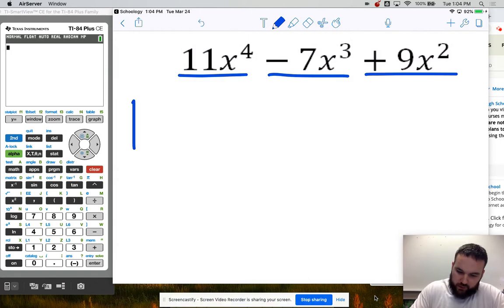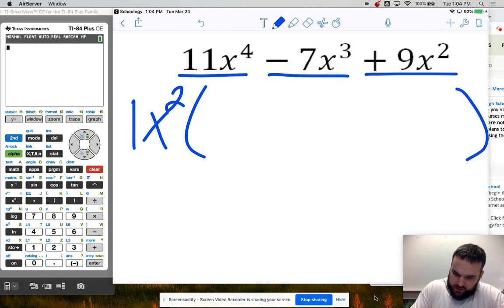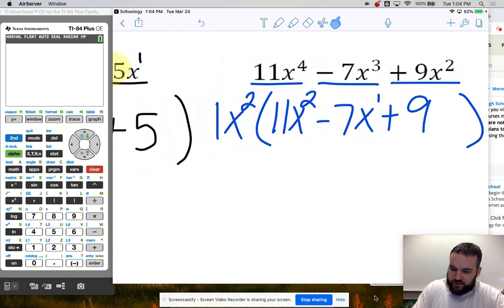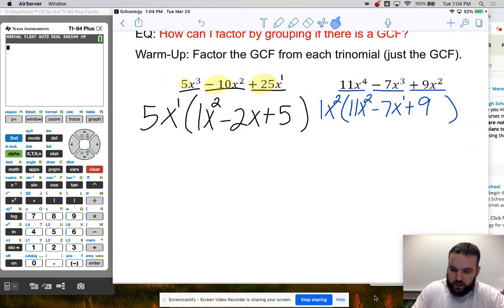So I'm going to put 1, and then I can take x to the second from all 3 of the terms because the smallest power I see in the problem is 2. If I divide by 1, the number won't change, but I'm taking away 2 powers of x. So this becomes 11x squared minus 7x to the first, or just 7x, and then plus 9. So no more x's in that third term. Okay, so that's factoring just the GCF out.